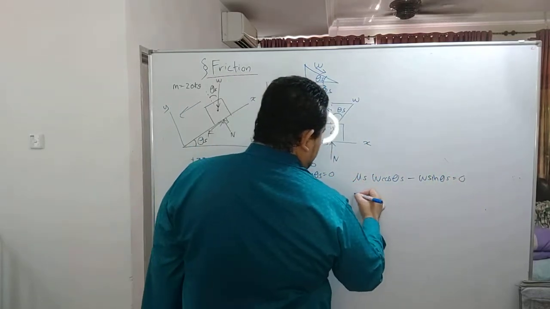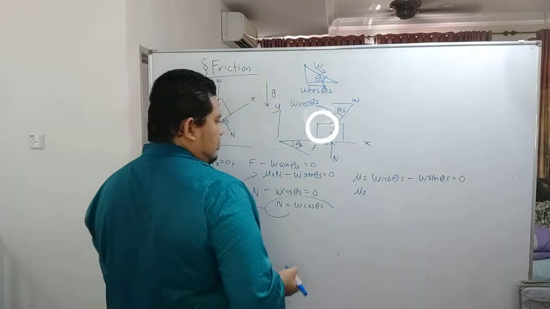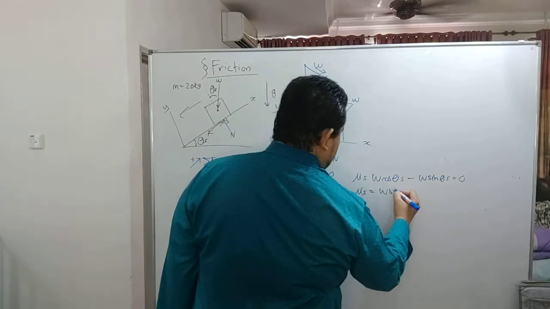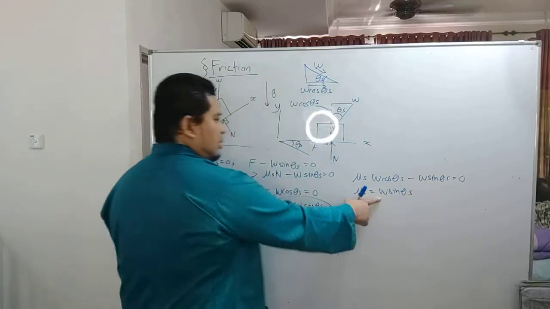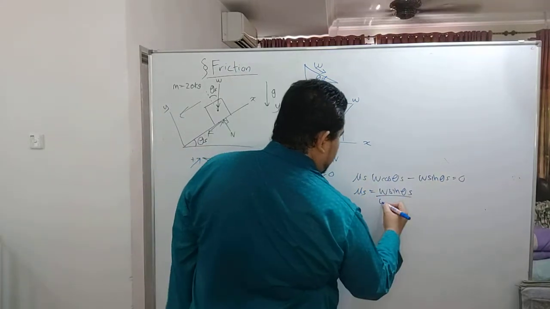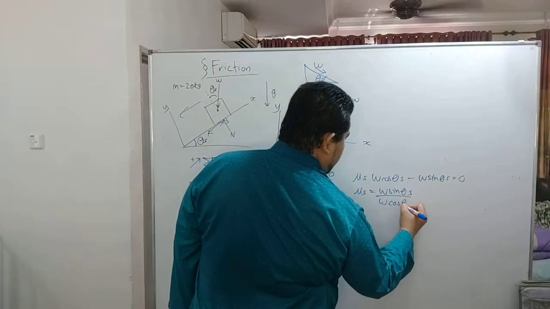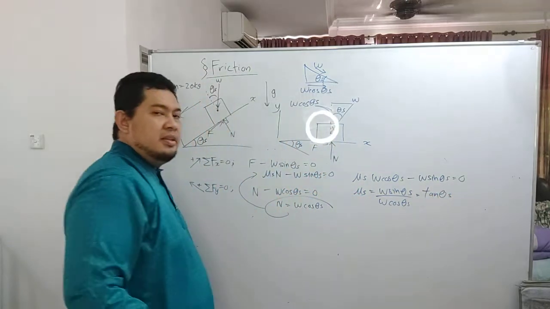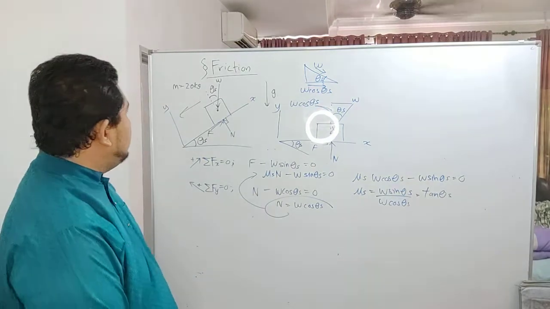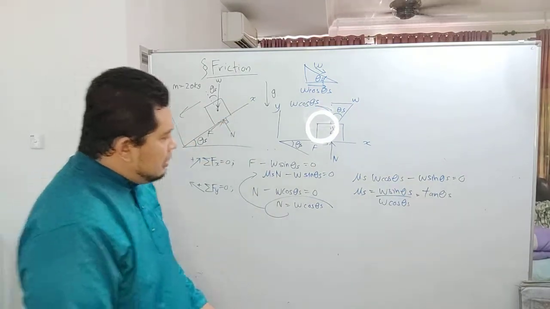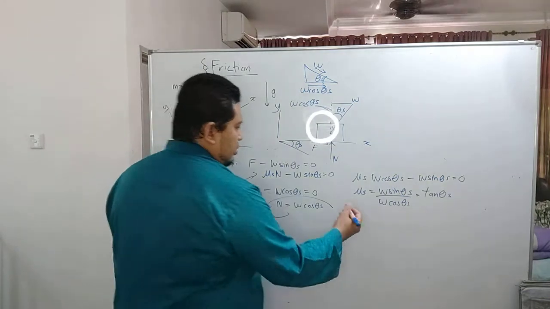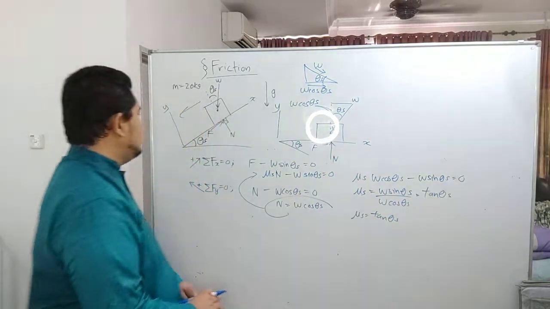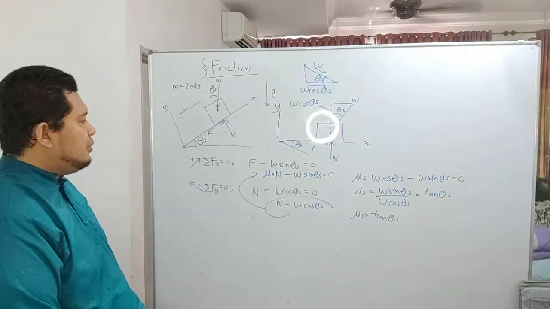So here you get mu s, which is equivalent to W sine theta s divided by W cosine theta s, so it should be tangent theta s. So that means on an inclined surface, the coefficient of static friction should be mu s equivalent to tangent theta s. So this theta s is very important for you.